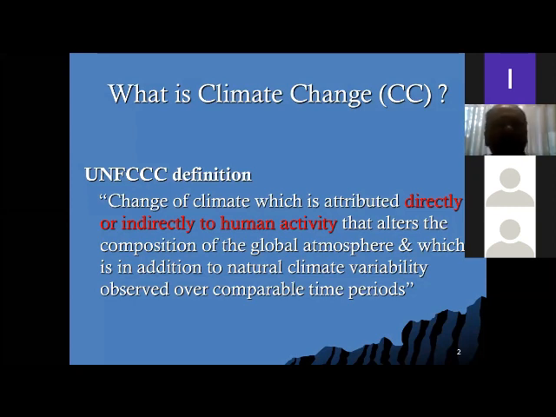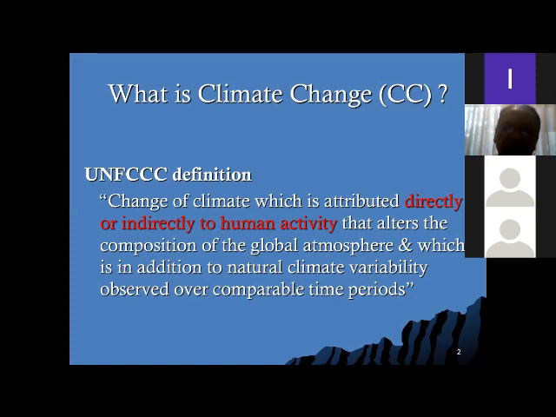However, there are so many definitions if you look on the internet for climate and climate change. But I am putting here the latest, very important definition given by the United Nations Framework Convention on Climate Change, that is UNFCCC. Here you can see climate change is a change of climate which is attributed directly or indirectly to human activity that alters the composition of the global atmosphere, which is in addition to natural climate variability observed over comparable time periods.